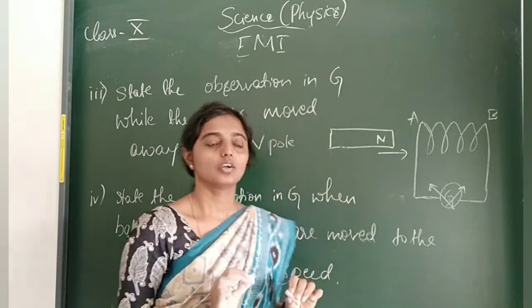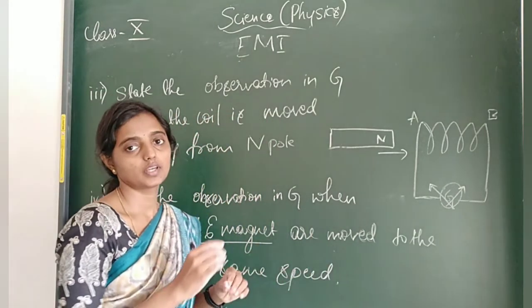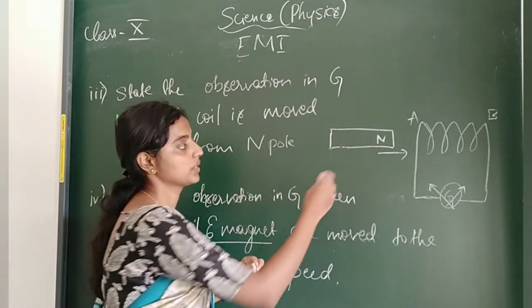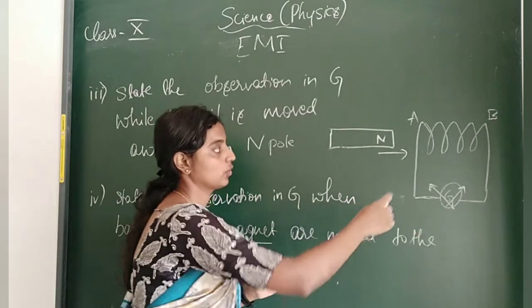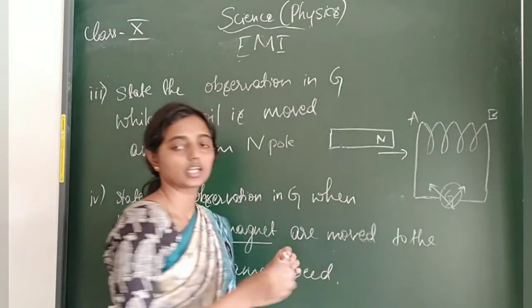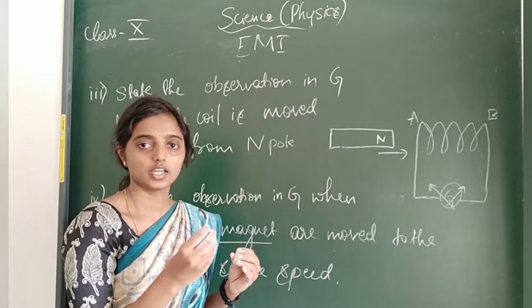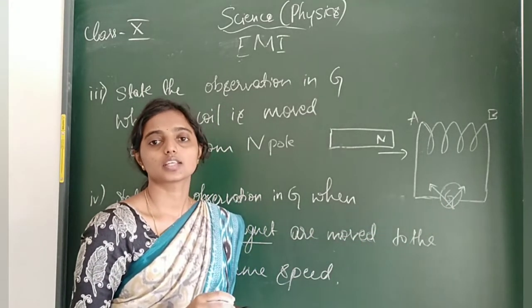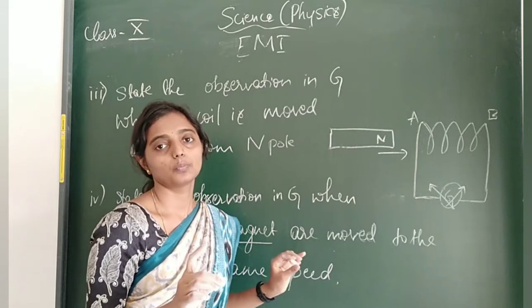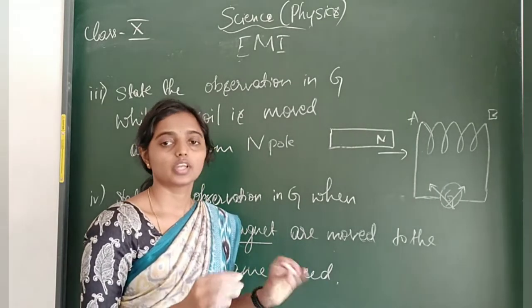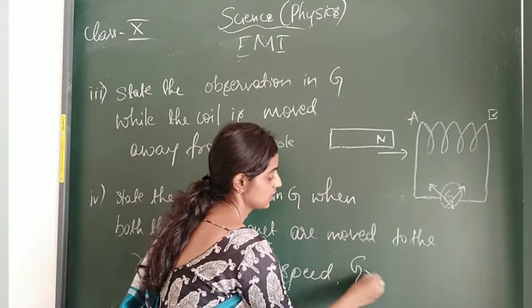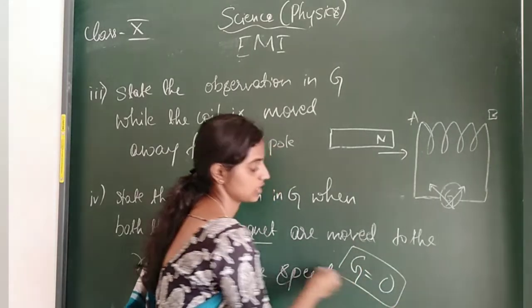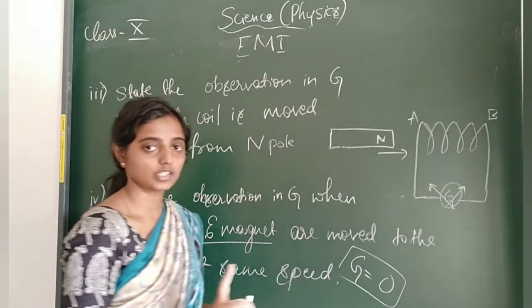And we know that when the magnet and the coil are both stationary, what will we observe in the galvanometer? The galvanometer will not show any deflection. That is, G is equal to 0. I think you understood again.